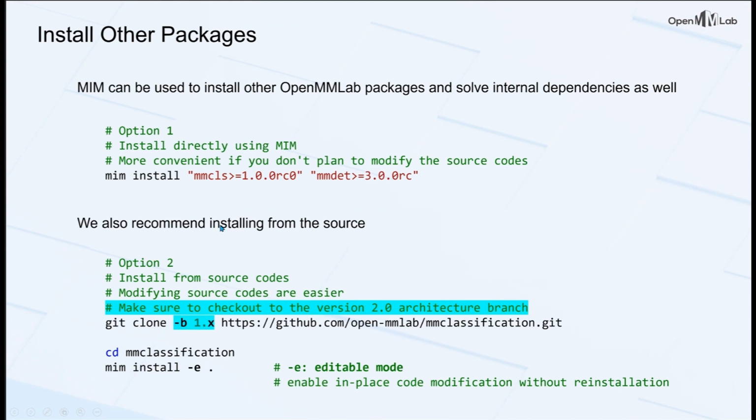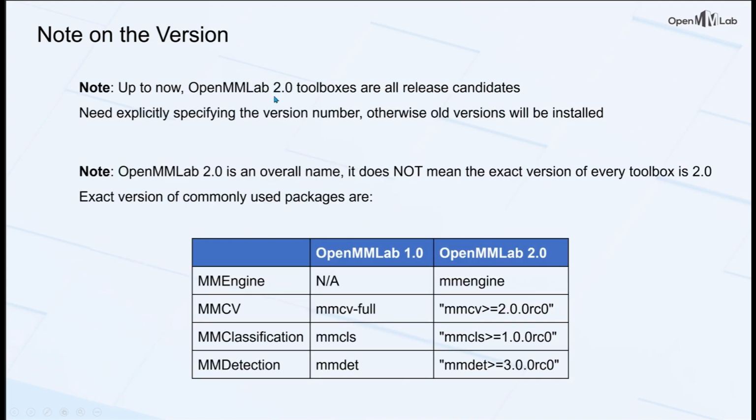An important note on version is that currently OpenMMLab 2.0 toolboxes are all in release candidate versions. So one needs to manually specify the version number to install the new version. For example, the new version of MMCV is 2.0, MMClassification is 1.0, and MMDetection is 3.0.